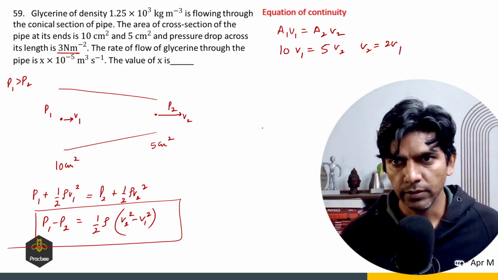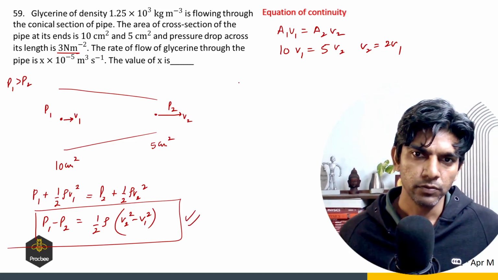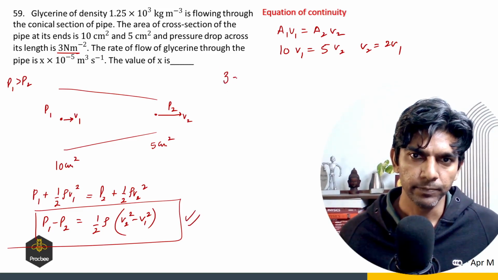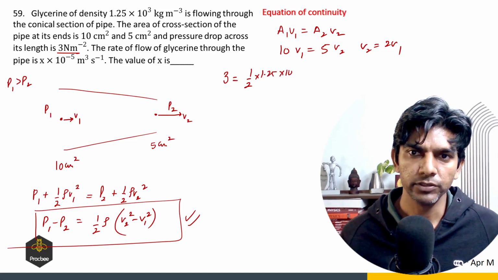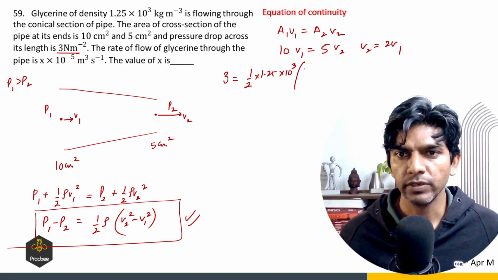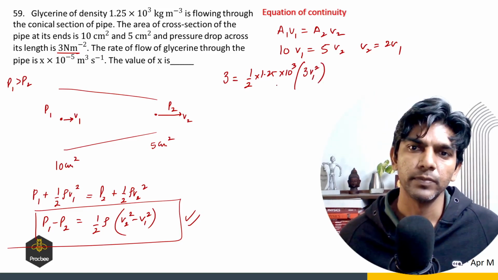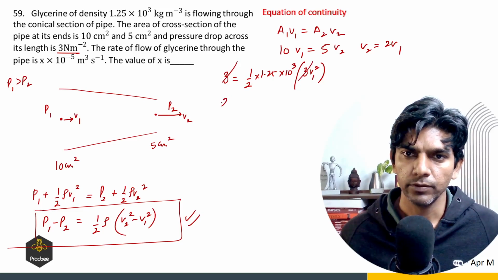So let us find V1 from this equation. So we can write P1 minus P2 as 3. Half density is given as 1.25 into 10 raised to power 3. V2 can be written as 2 times V1, so we get 3 times V1 square. So 3 will get eliminated. So we are getting 2 divided by 1.25 into 10 raised to power 3 is V1 square.